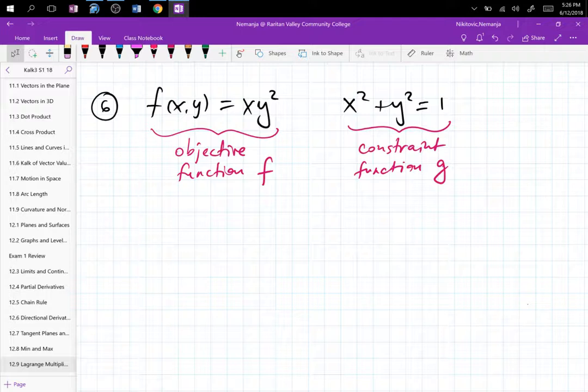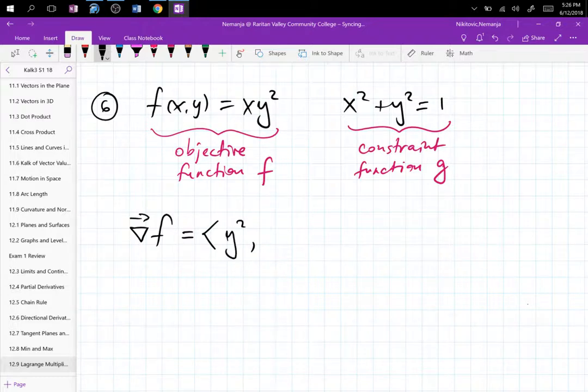So now, to work on our Lagrange, we need the gradient of f. Gradient of f, remember, is the vector of all partial derivatives. So the partial with respect to x is just y squared, and the partial with respect to y is 2xy.